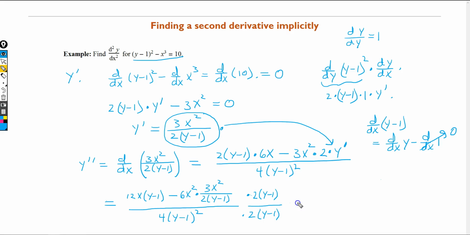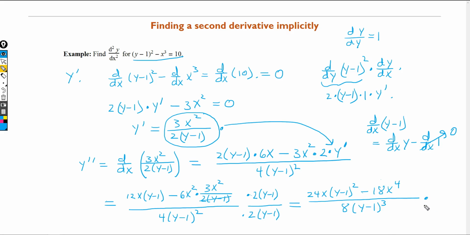And then this will simplify as, let's see, 2 times y minus 1 times this term will give us, and then 2 times y minus 1 will cancel with this term, so that term will drop out, and then we'll just get 18 x to the 4th, and then all of that divided by 8 times y minus 1 cubed.